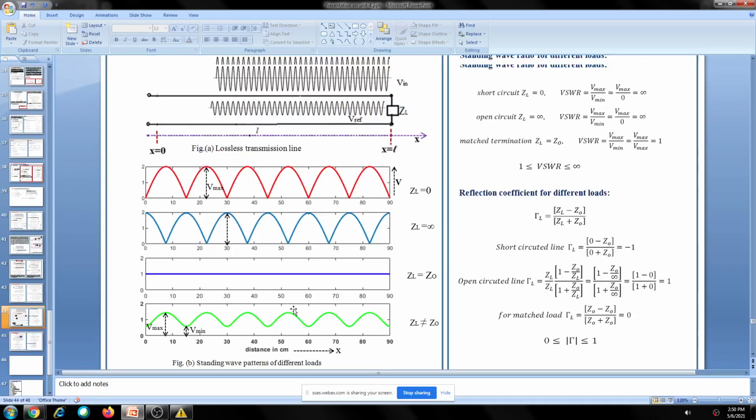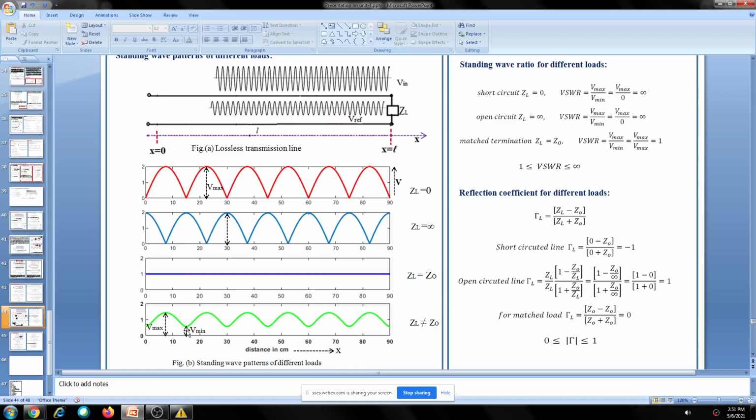But in this case, see here, V minimum is not coinciding with the 0. Here it is some value. So it will take some value. If you measure an impedance here, for example, if you take a ZL, it is not equal to Z0 and also not equal to infinity and 0. It is some value. Then what we have? We have a V minimum, some value is there.